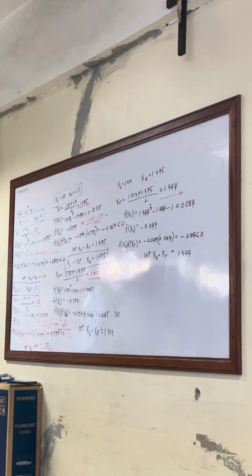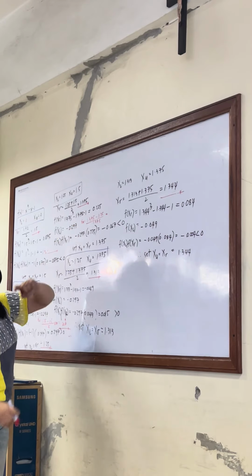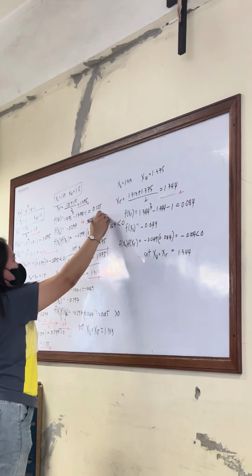Di ba ito? 1.25? 1.375 minus 1.25 all over 1.375 times 100. 9.091.